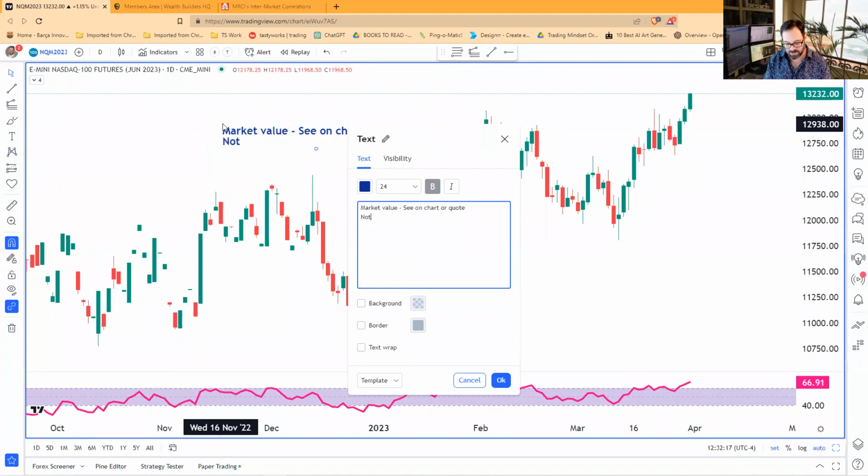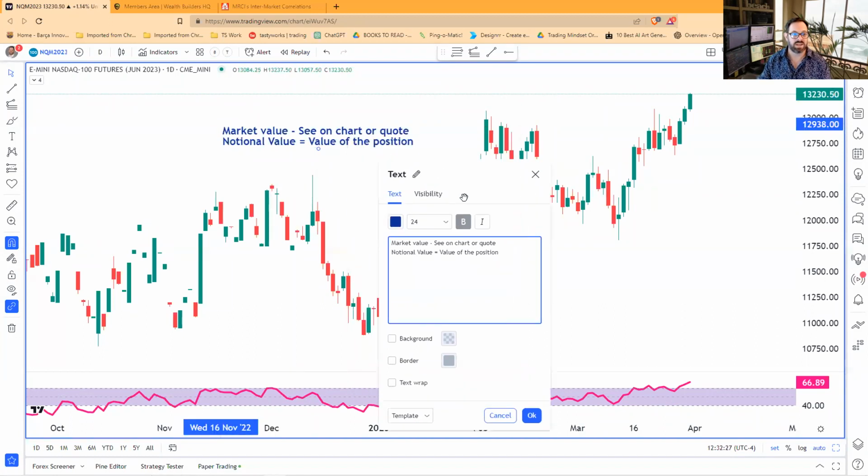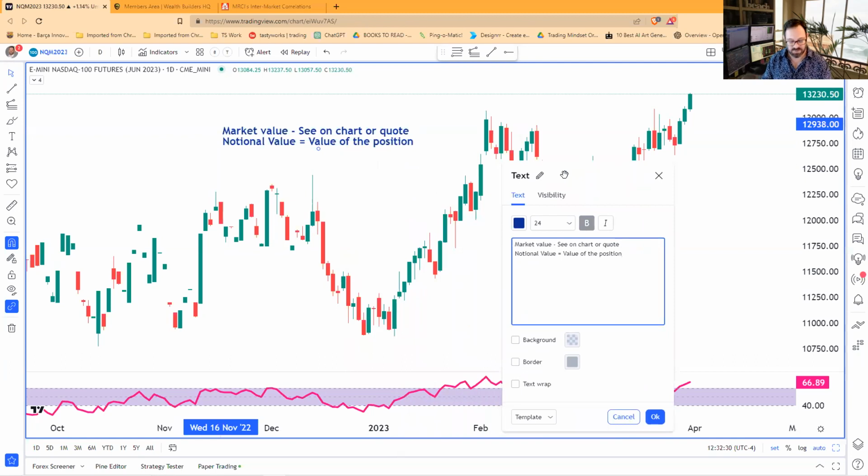The notional value is the value of the position. And basically the way we get that notional value, it's very simple. It's the market value times the point value for futures. And that's futures.